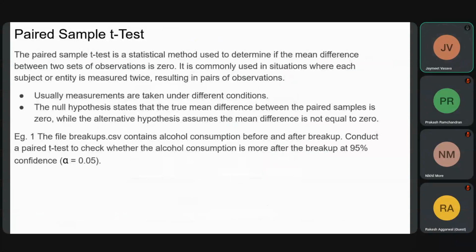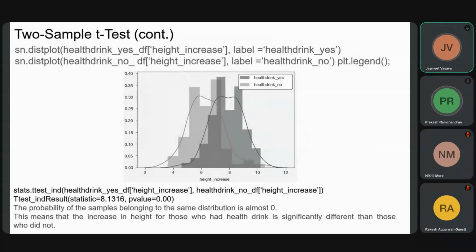Now, moving further with the sample t-test. The histograms are bar plots, but these lines, is there a code which draws that average? Are you talking about the dist plot and the hist plot?